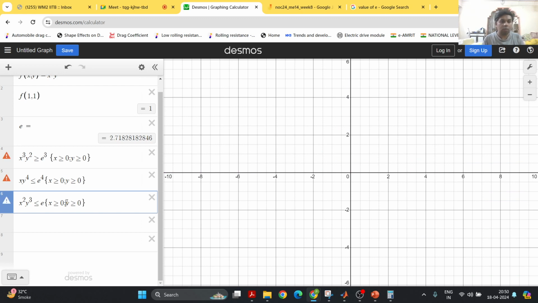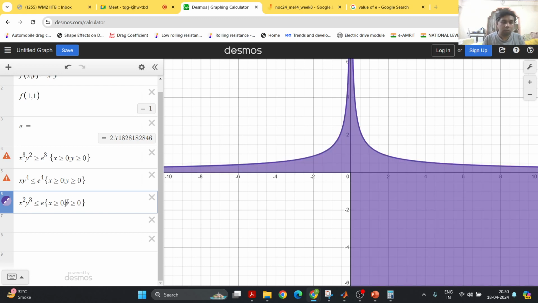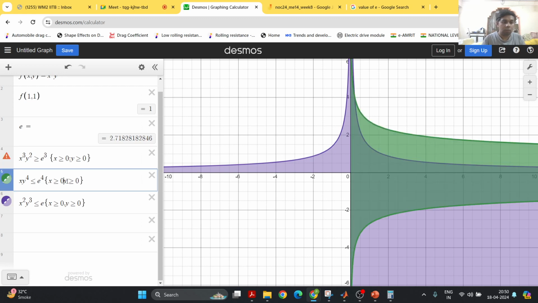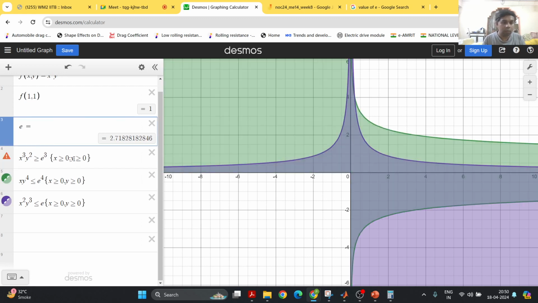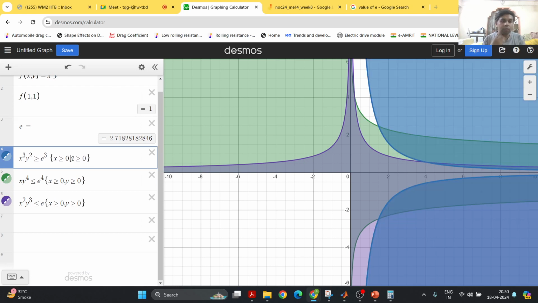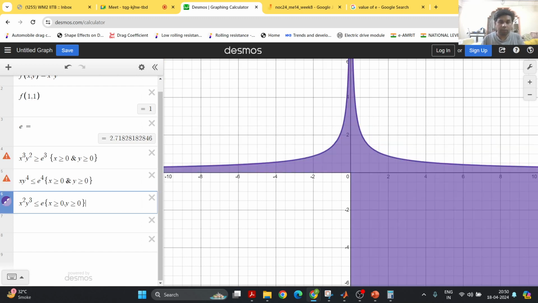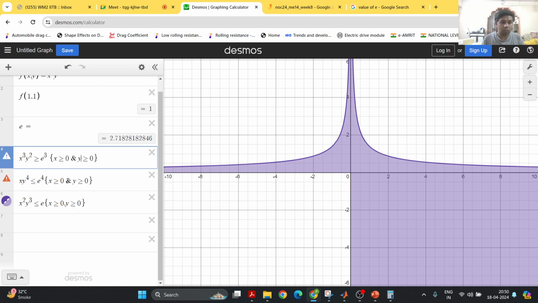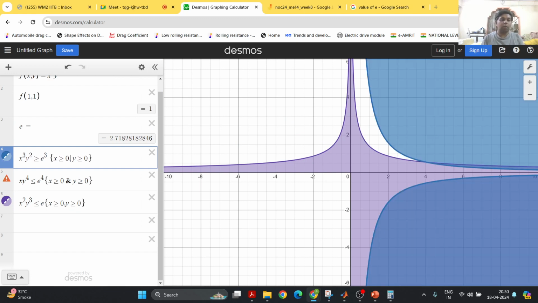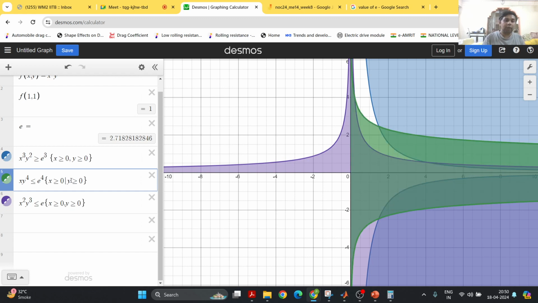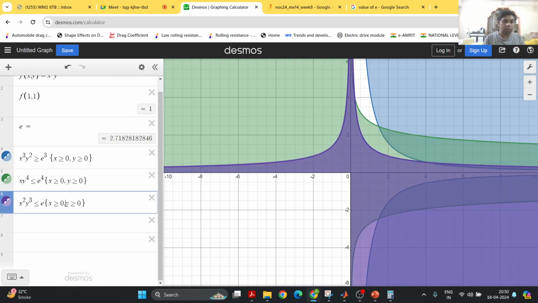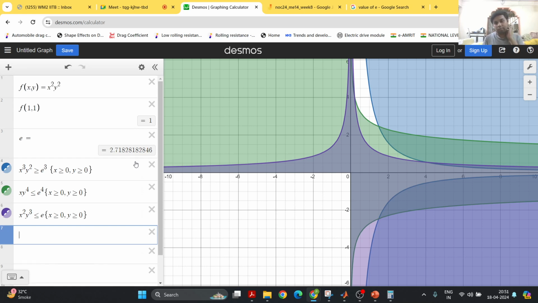I don't know why it is removing it. Comma or semicolon? I'm not sure. It's giving some error there. Maybe it should be 'and' or some other character. That will be multiple constraints.